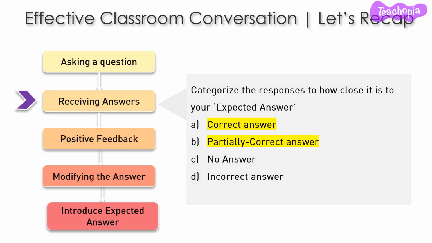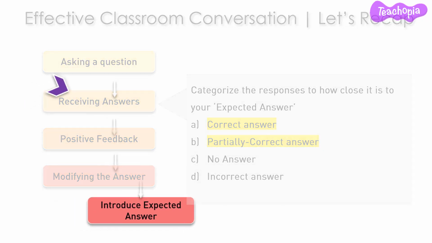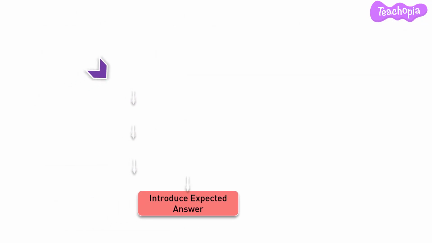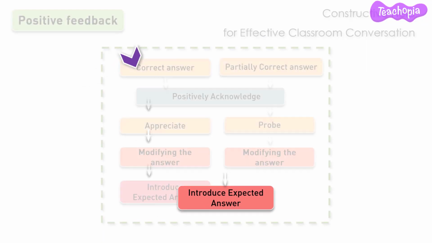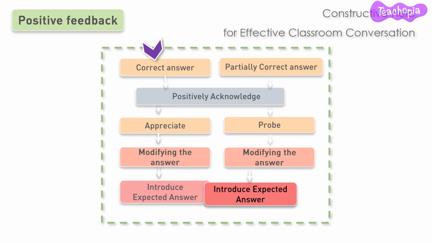Now, in the last module, we discussed what to do when we receive a correct answer and a partially correct answer. When we receive a correct answer, we see and appreciate the positive.